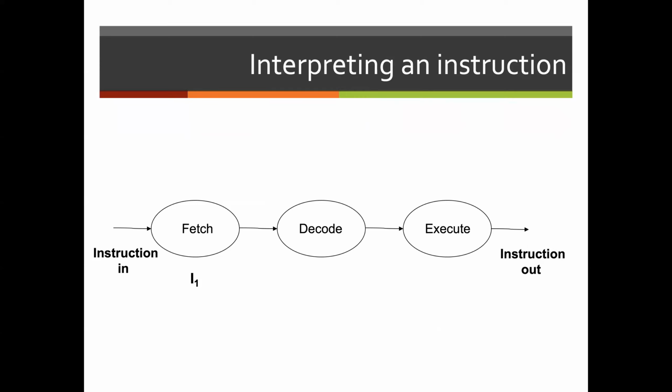Well, we know that some of these micro states are not going to be utilized all of the time. So instruction 1 will be passed through to fetch and then to decode. And a lot of times the majority of the work will occur in our execute stage. So we'll have our instruction in through fetch and then our instruction out after executing.